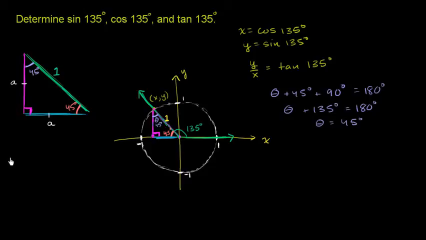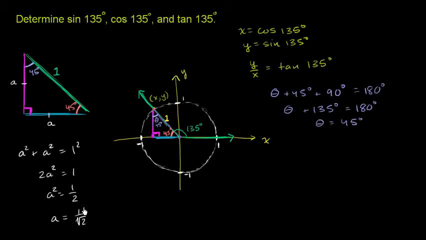So using the Pythagorean theorem, what do we get for the value of a? Well, we have a squared, this a squared, plus that a squared, must be equal to the hypotenuse squared, which is just 1 squared. Or we get 2a squared is equal to 1. Divide both sides by 2, you get a squared is equal to 1/2. Take the square root of both sides, you get a is equal to 1 over the square root of 2.